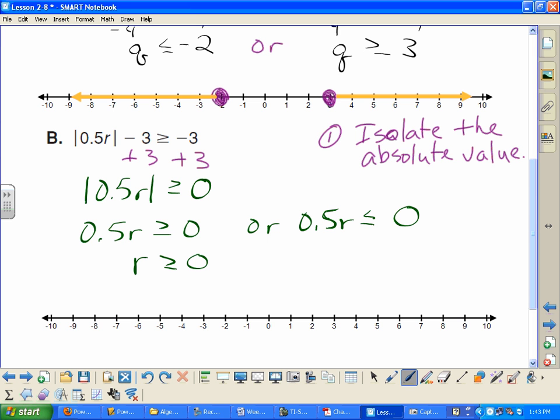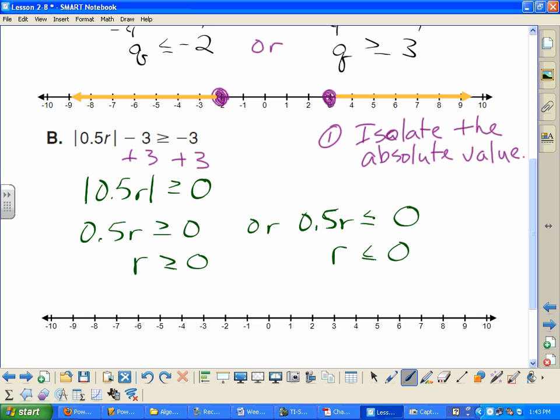Or, 0.5 divided by 0.5 over here, and again, it's less than or equal to 0. What numbers is that? That's everything, right?